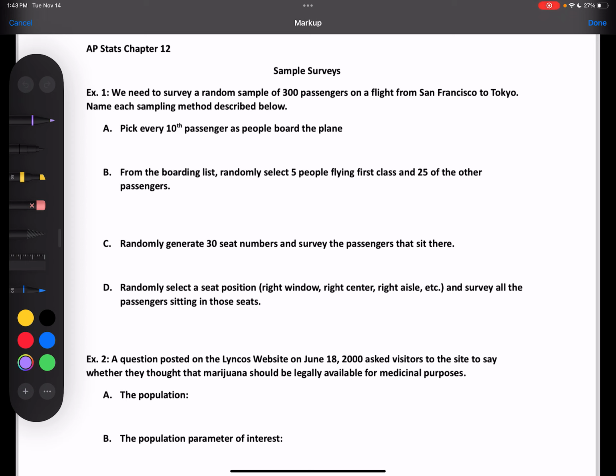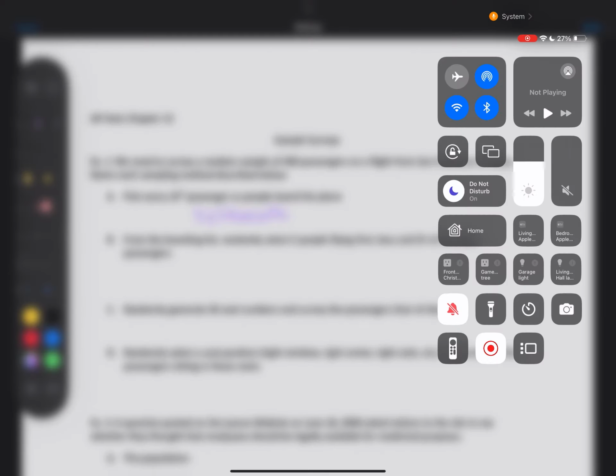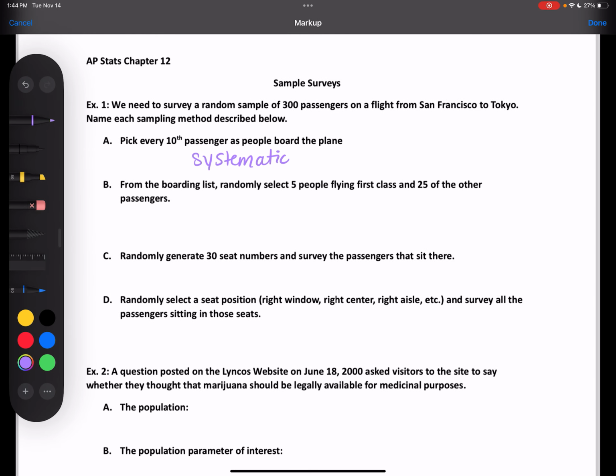This one's not in your notes. It's called systematic. Should we put it in our notes? I mean, just make sure you know it. Systematic is basically just saying that there's a certain process by which you are grabbing people. Like every 10th passenger that boards the plane, so you come up with a pattern that you're gonna follow.